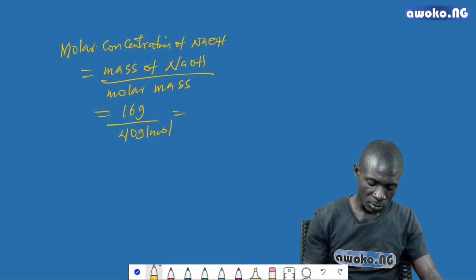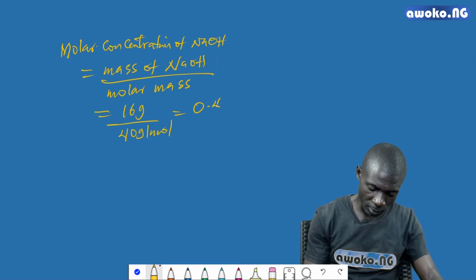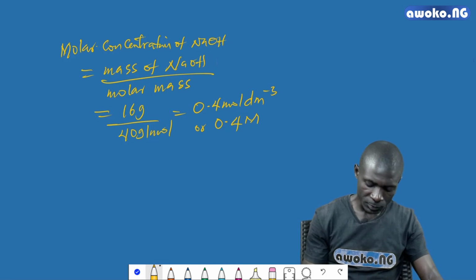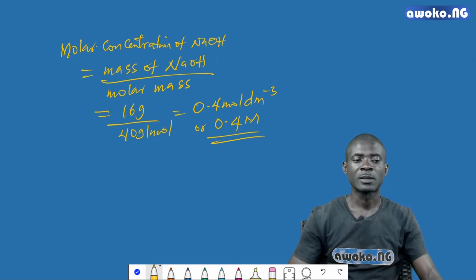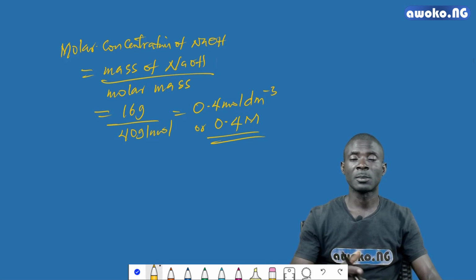So 16 divided by 40 will give us a final answer of 0.4 mole per dm³, or 0.4 mole as our final answer. So this is the molar concentration of 4 grams of sodium hydroxide dissolved in 250 cm³ of solution.